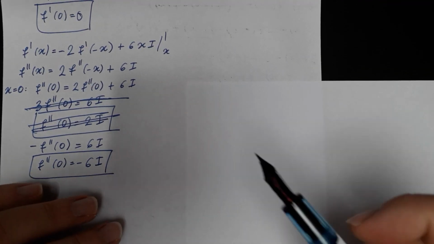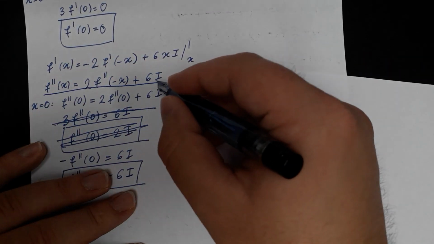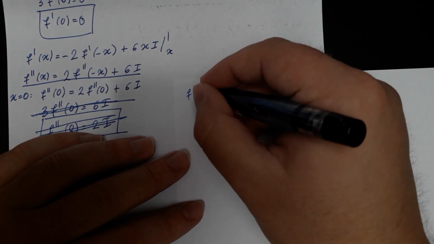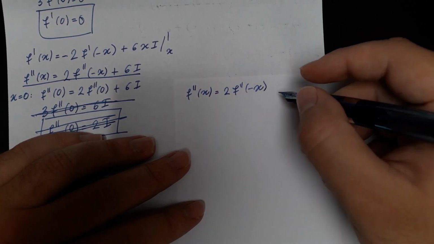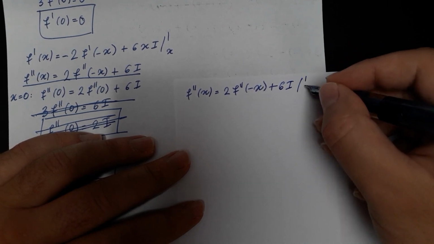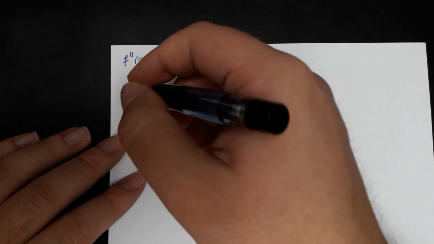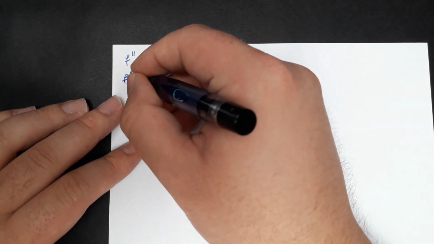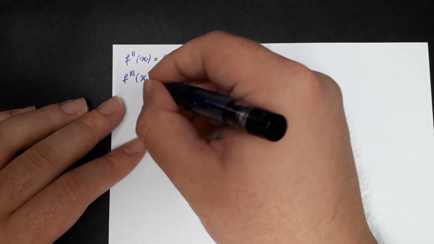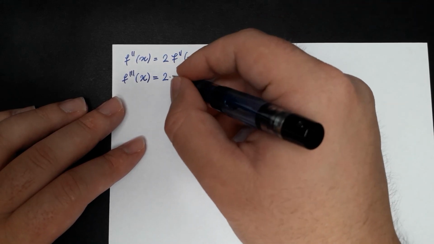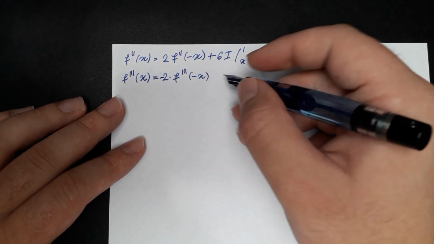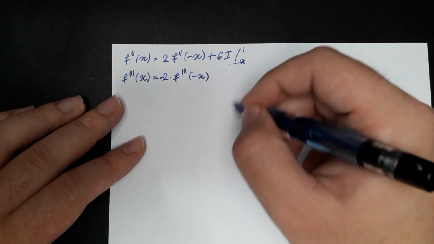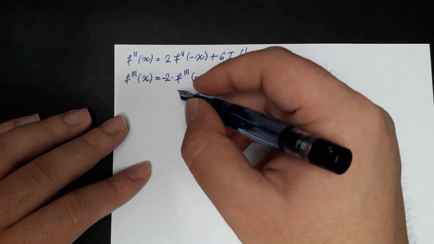Now again, I'm going to take this equation which we got. f second derivative of x is equal to 2 times f second derivative of minus x plus 6I, and I'm going to differentiate it with respect to x. So at this point I get f third derivative of x is equal to 2 times f third derivative of minus x with a minus in front of it, and this goes to 0.